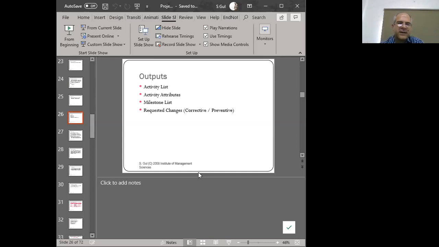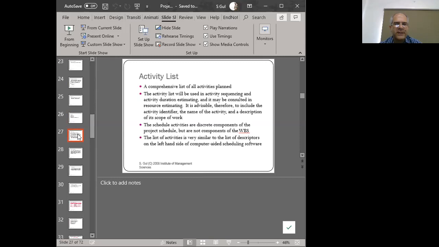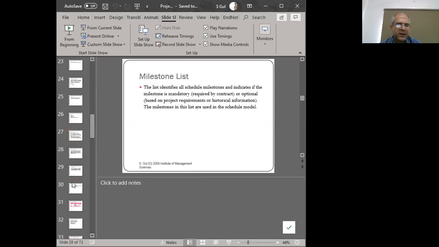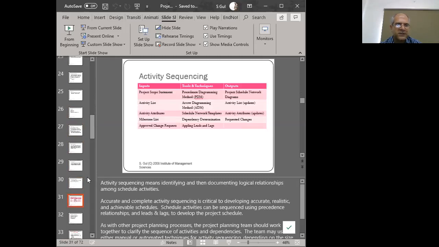So that's the very basic. And then we will have some milestone lists. So we will be taking that activity and defining certain smaller goals for us and major goals for us. And that's the list of our milestones. And if we encounter any changes requested, such as corrective or preventive, we'll include that into the picture as well. Right? So we'll have a list of activities and we'll have their milestones and their attributes and requested changes.